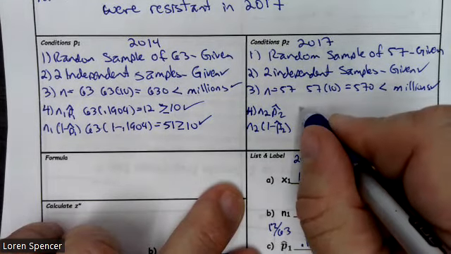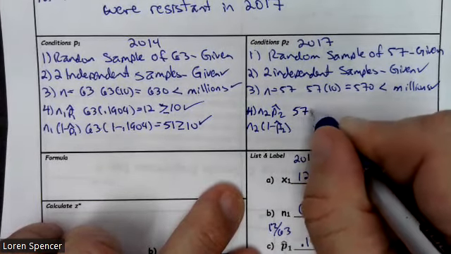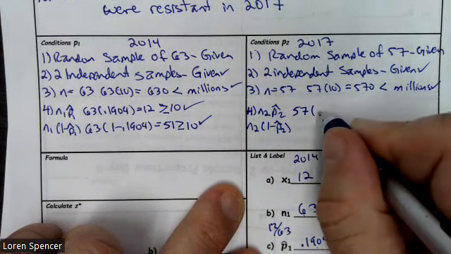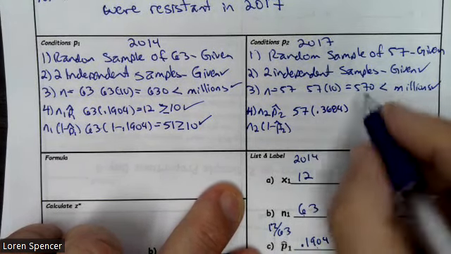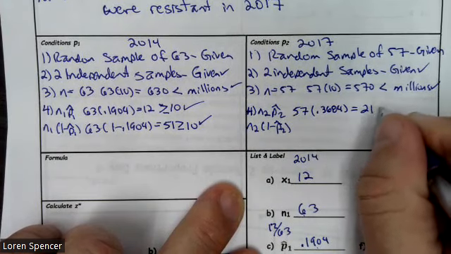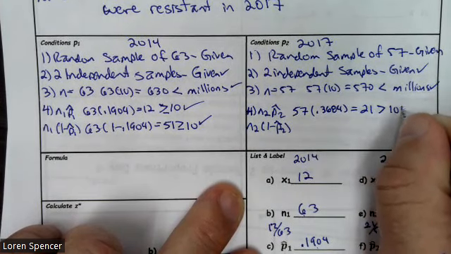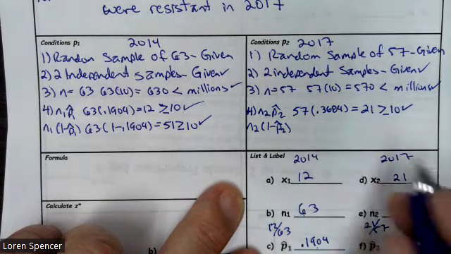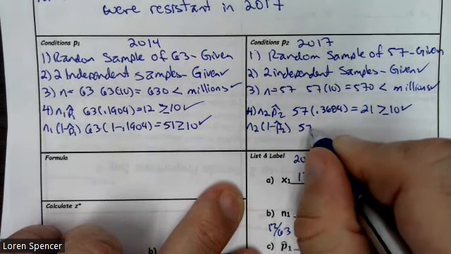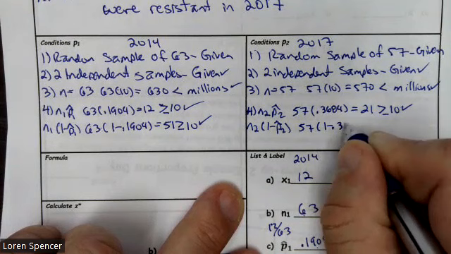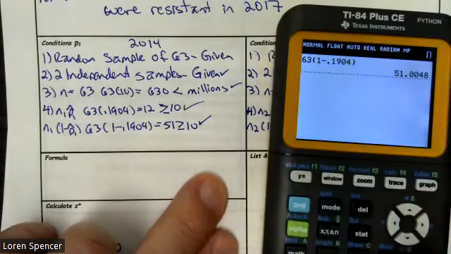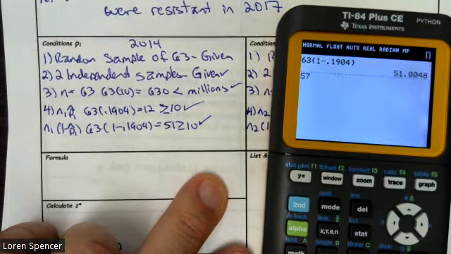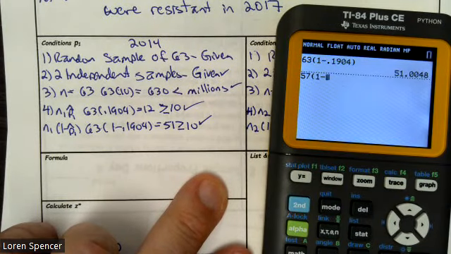And we have 57 times 0.3684. And we know that that equals 21, and 21 is definitely greater than 10, so we're good to go there. And then we have 57 times 1 minus the 0.3684. 57 parentheses 1 minus 0.3684, close those parentheses.